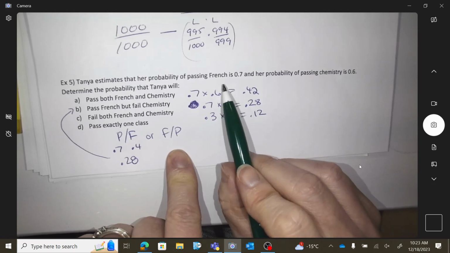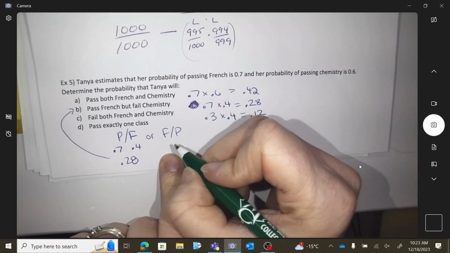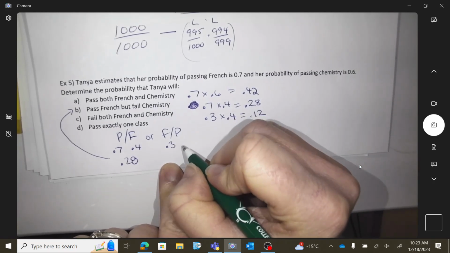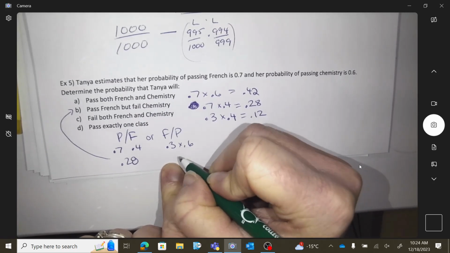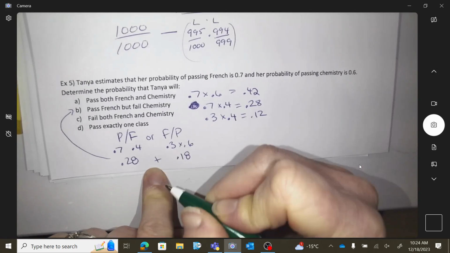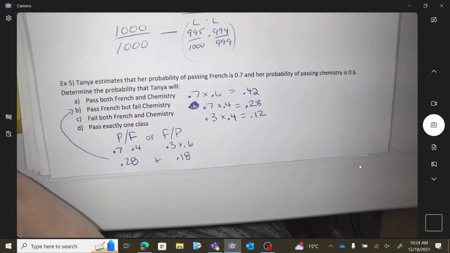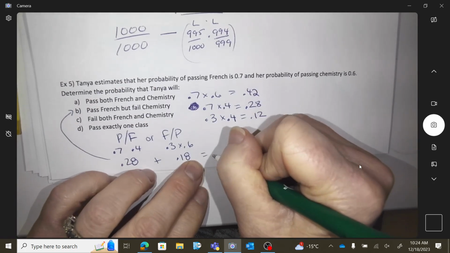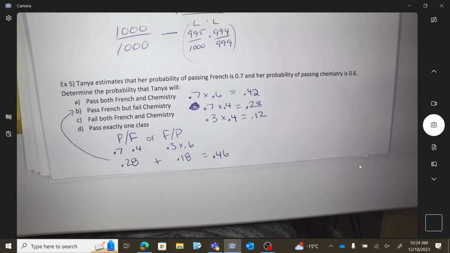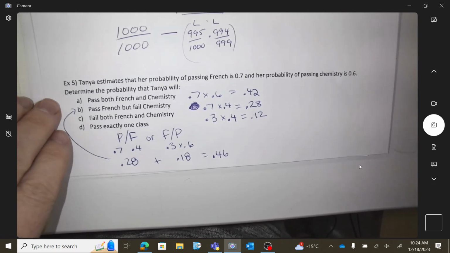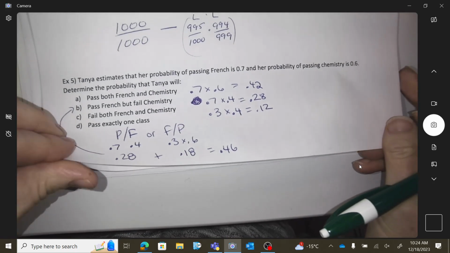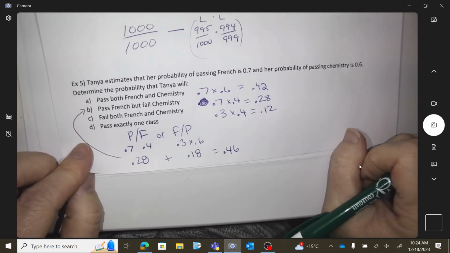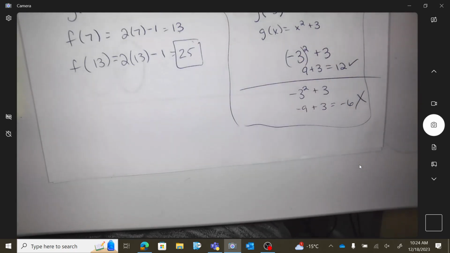We would have to fail French, but we would have to pass chemistry. Okay, that was good. All right, a couple more and we're done.